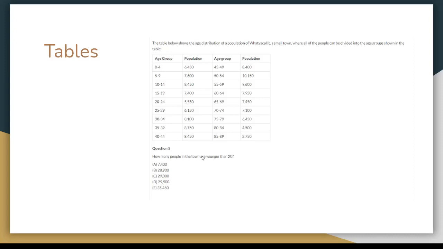D, 29,900. However, you have to be careful whilst writing these down into your calculator, as you could potentially mistype one of the values and end up getting C or B. If you're not familiar with these questions, you could have ended up adding 5,450, which could get you E, 34,450.